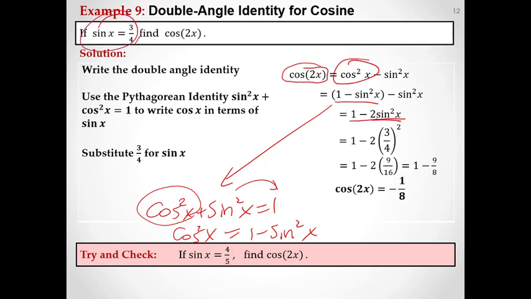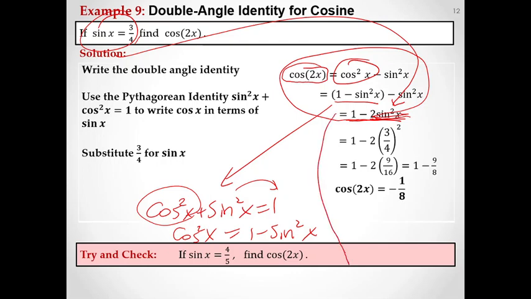So the sine x is given here, so you can substitute sine x and get this answer. And here is a formula also for cosine 2x. This is another formula, and you can use the same logic here. You can directly say cosine 2x is equal to 1 minus 2 sine squared x, which is 1 minus 2 times 4 over 5 squared.